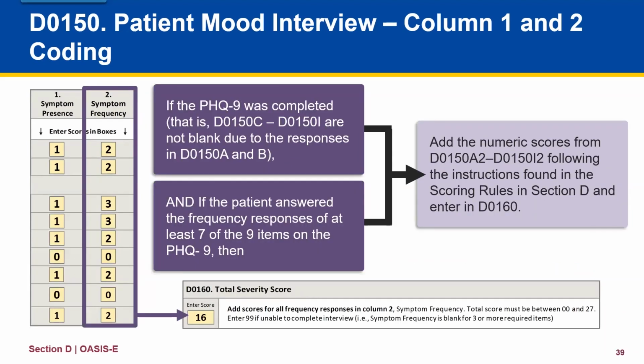With the goal of reinforcing these concepts, this illustration depicts a scenario where all symptom frequencies for the 9 items were scored. So in this case, you would add those numeric scores from D0150A2 through D0150I2, following the instructions found in the scoring rules in section D, and then enter that score in D0160.